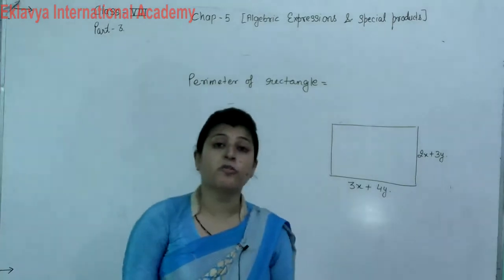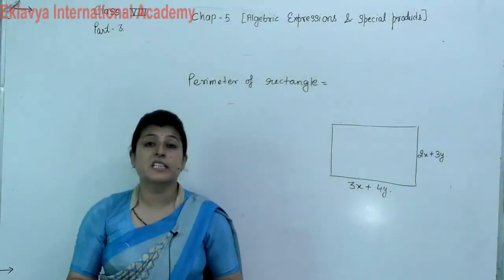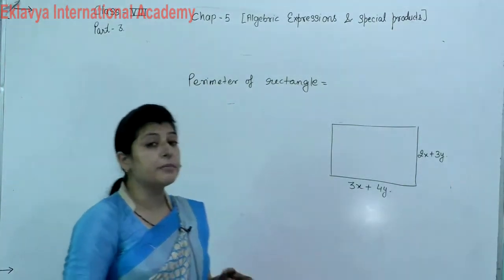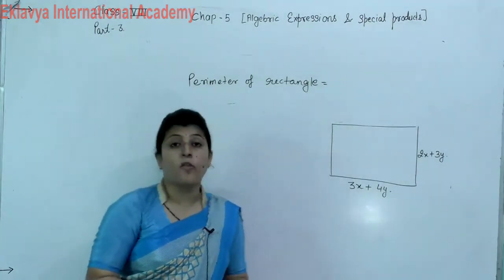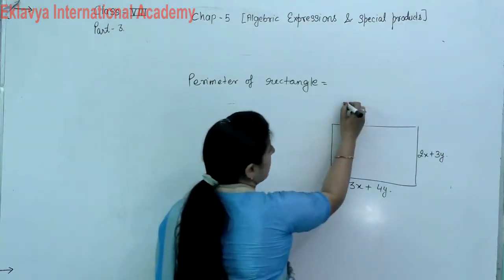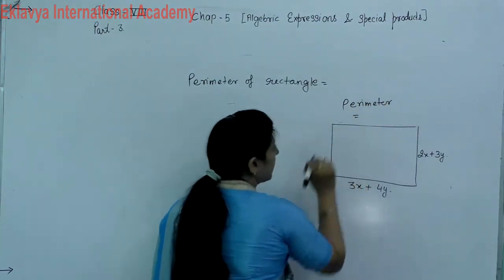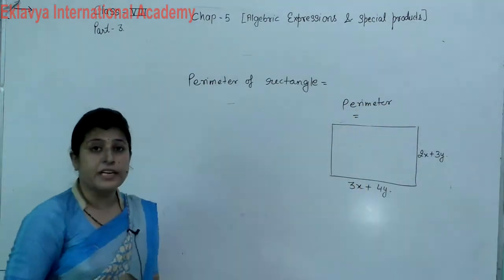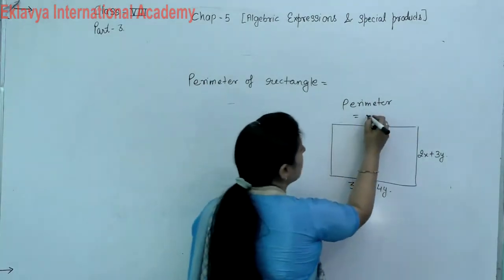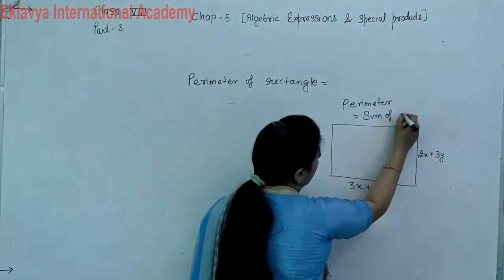Whenever we want to find the perimeter, what is the meaning of perimeter? Perimeter means the sum of all sides. In any figure in geometry, the perimeter is the sum of all sides.